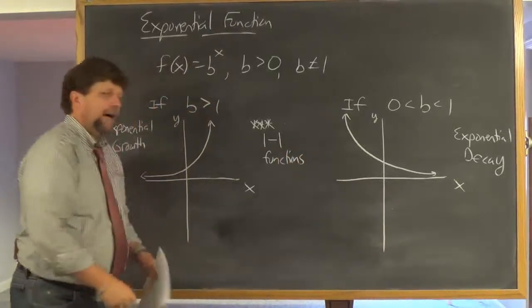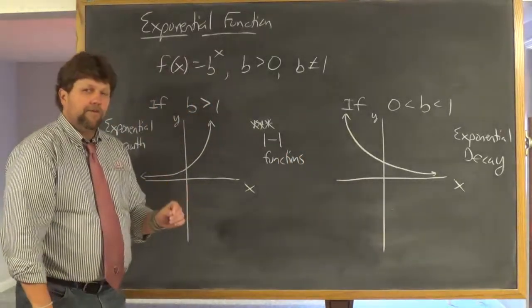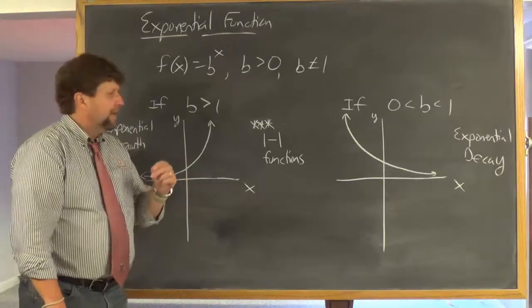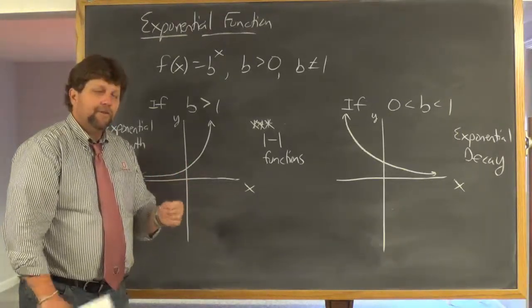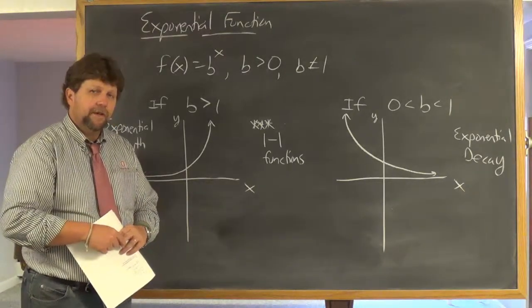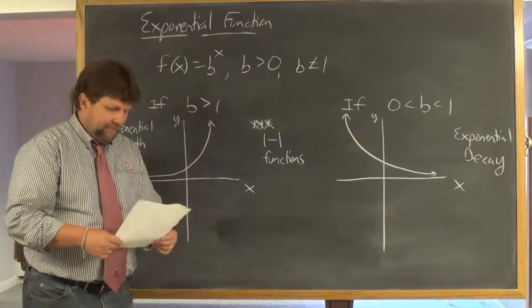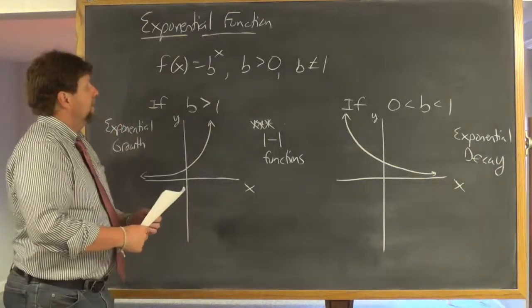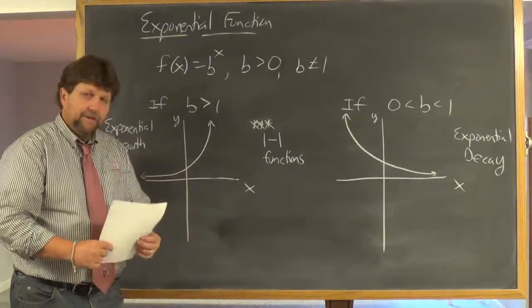Now I'm making that comment because since they are one-to-one functions, from prior material that you have learned, that means that they will have inverse functions. And we'll talk more about that later on here in Chapter 5. That's the basics of exponential functions.